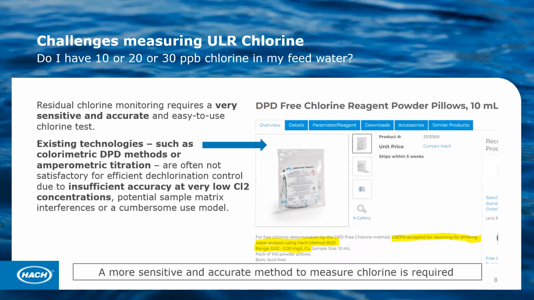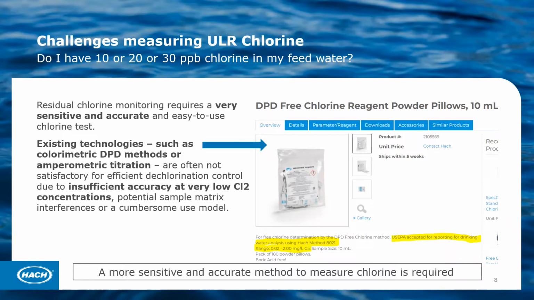It becomes just simply difficult to measure ultra low range chlorine and really have confidence that we have operated a dechlorination process that has removed the amount of chlorine that we expected to and we've tuned it to. So you may employ a standard DPD test to verify that your dechlorination process has been effective.